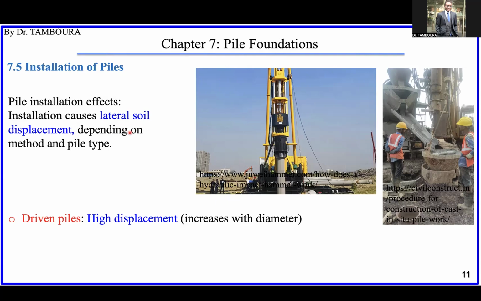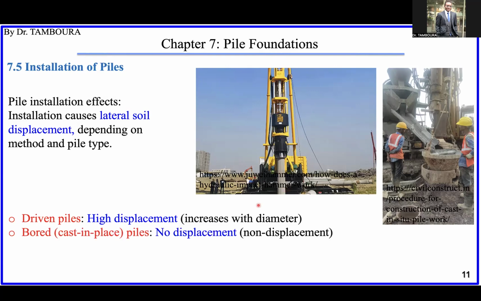If you take a driven pile, for example, you will of course cause high displacement, and the displacement is even higher when the pile diameter is bigger. At the beginning, there is no hole in the ground, so this whole volume of pile will be pushed. The soil has to move laterally to make place so that we can insert this volume of pile.